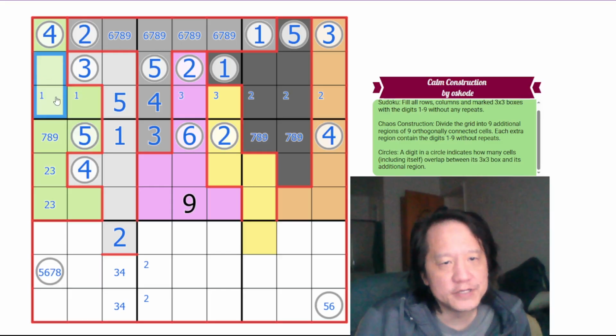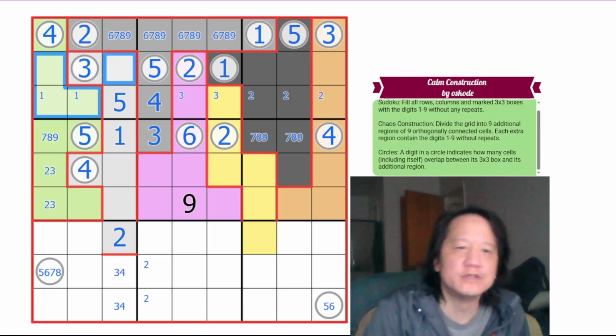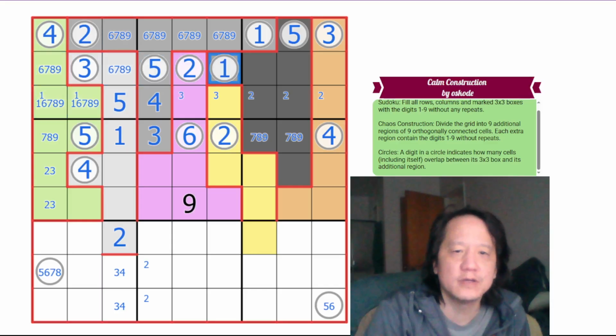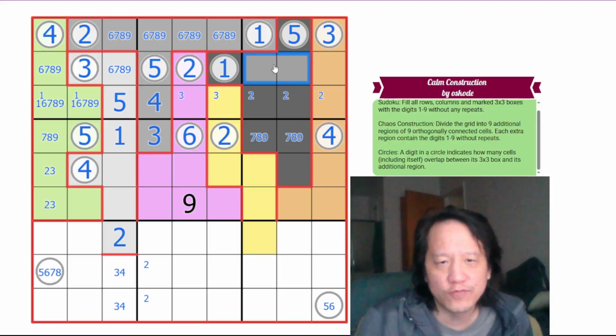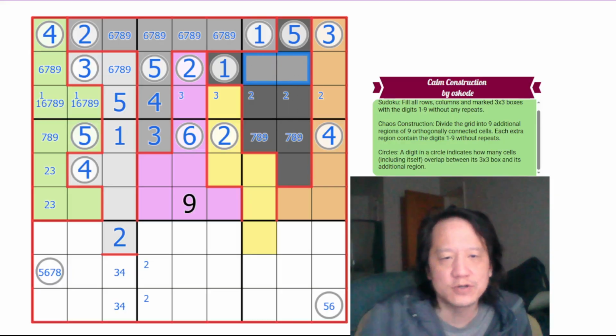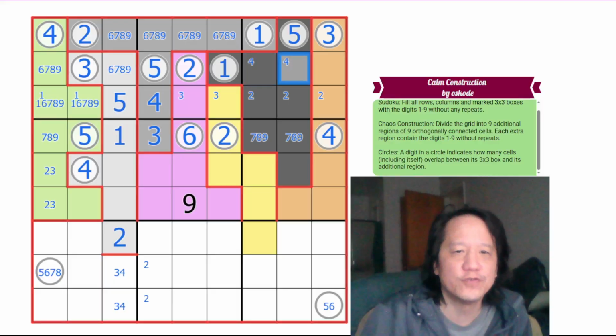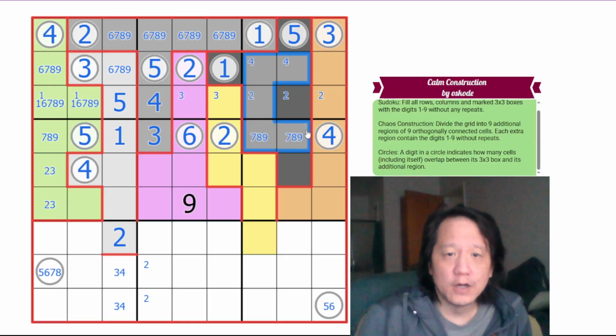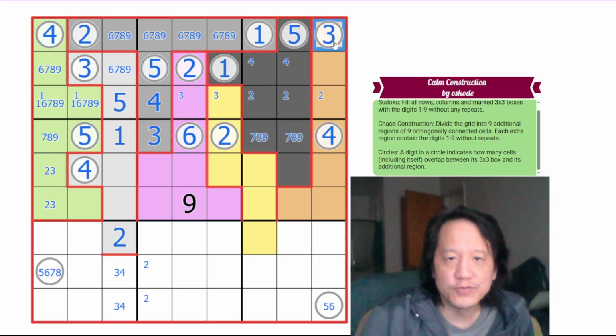The remaining digits in box 1 have to be 1, 6, 7, 8, 9. Obviously, 1 can't be here. 1 can't be here. Where's 4? 4 has to be in the dark region. So this is 4. The dark region needs access to a 3. 3 can't be here because of 3 in the box.